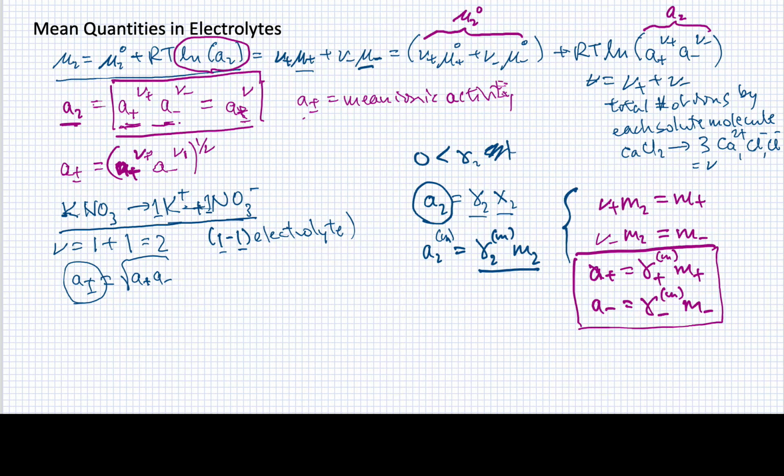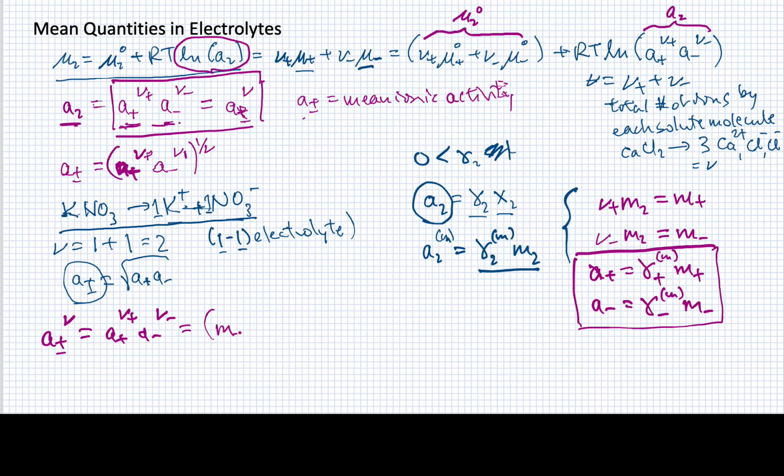Now, how will these manifest themselves when I'm looking at my definition for A plus or minus? If I have A plus or minus raised to the V power, that's going to be A plus raised to the V plus power times A minus raised to the V minus power.